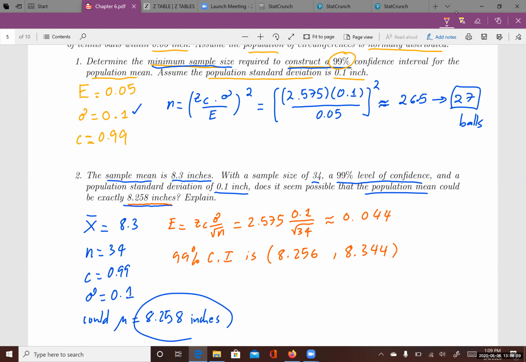Let me draw it out. 8.256 to 8.344, and the x bar is 8.3, which means this confidence interval does capture this value, 8.258.